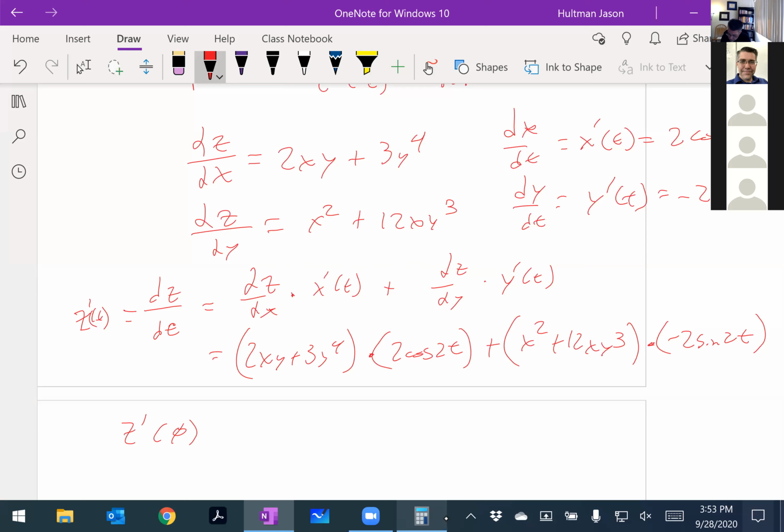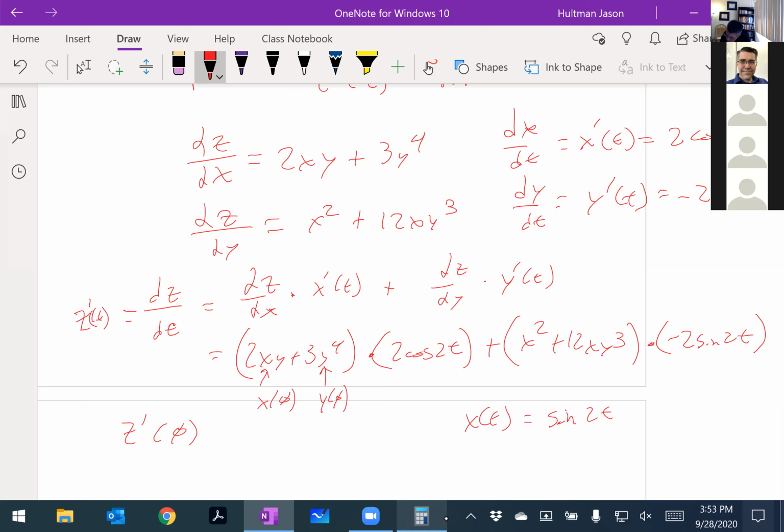If z prime of 0, then what is this? This x is really x of 0 when t is 0, and this y is really y of 0. So let's go to the other side here. x of t was equal to sine 2t.